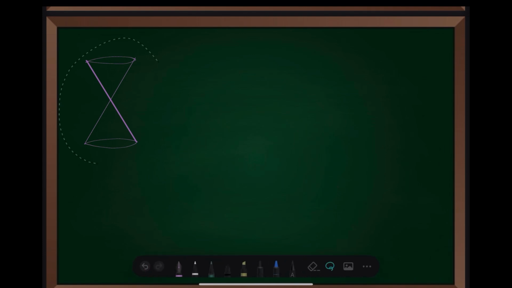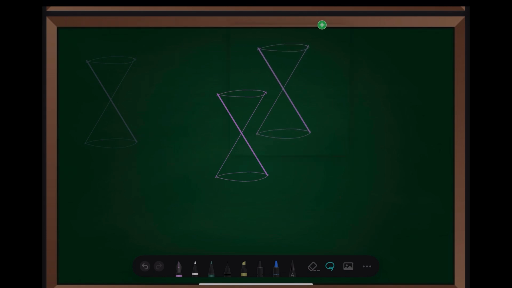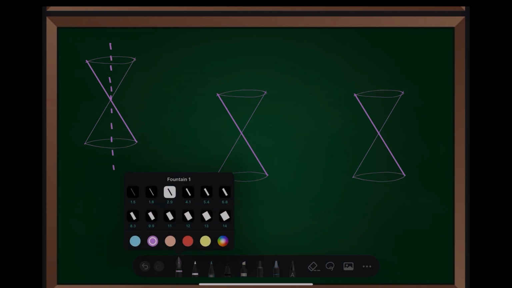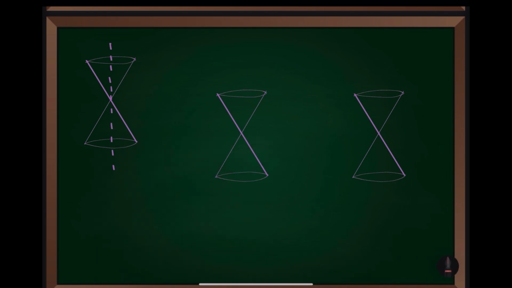Suppose this is the axis. You know that this is the axis. Now look at this. Suppose your plane is passing perpendicular to this line.